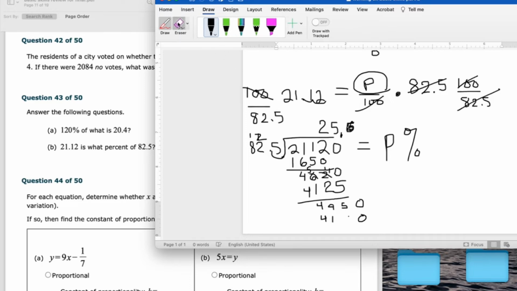So we're going to have to erase these. Okay, 6 times 5 is 30. Carry a 3. And 6 times 2 is 12, plus 3 is 15. Carry a 1. 6 times 8 is 48, 49, and exactly. No remainder. So we have 25.6.